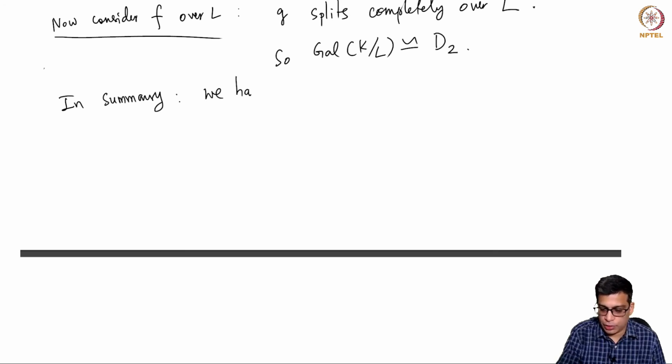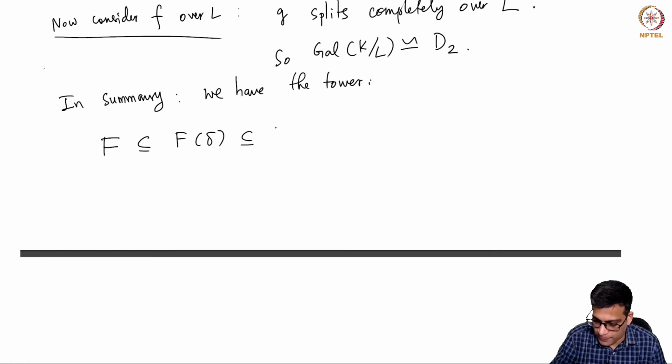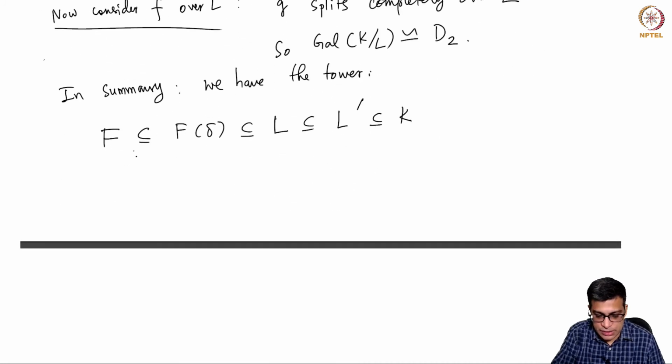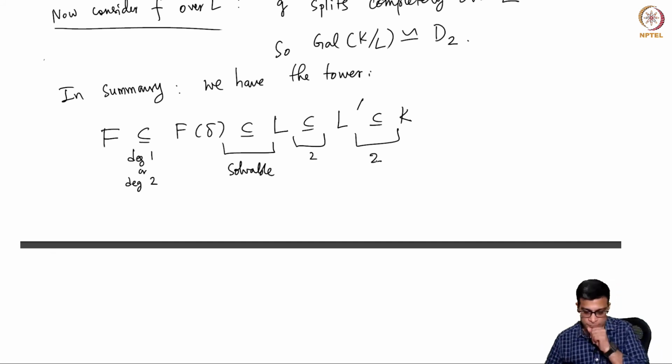We have the following tower. So we have F, F delta, L, L prime, K. So this is degree 1 or 2. This is solvable. This is 2, this is 2.